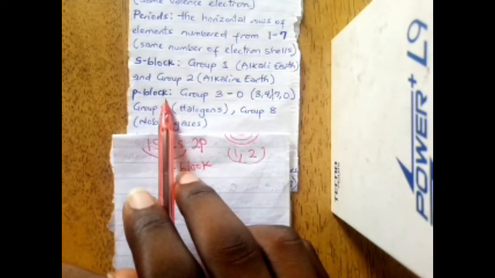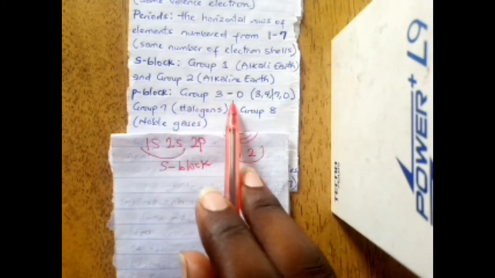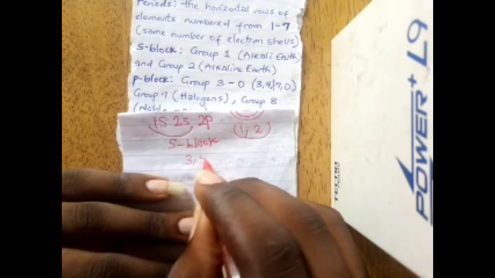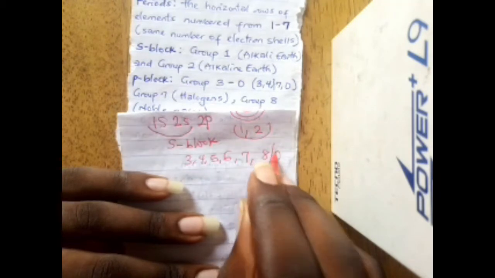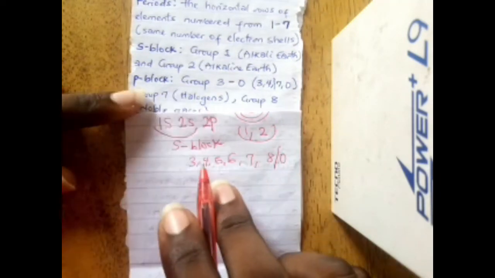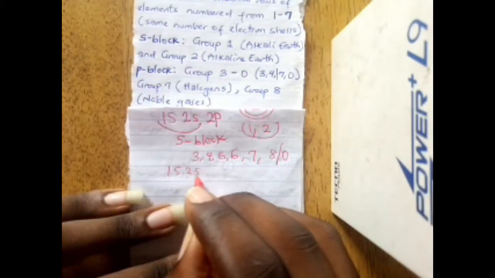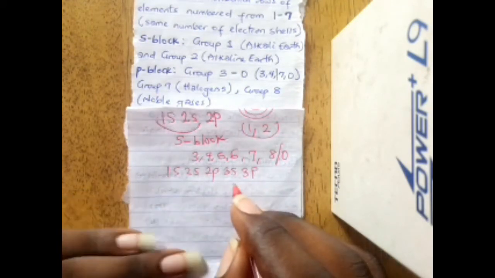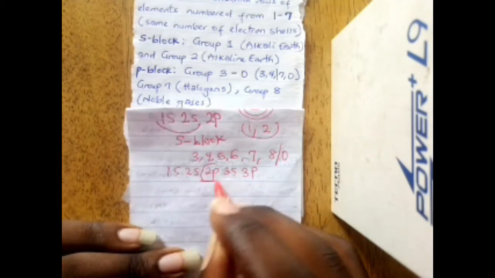So we also have the P block. In the P block, we have elements in group 3 to group 0. Group 0 is also group 8. So elements from group 3, 4, 5, 6, 7, to group 8 or 0 are all referred to as the P block elements. During their electronic configuration, 3p and so on, their outermost electrons occupy the P block.